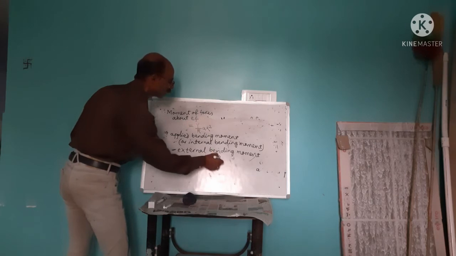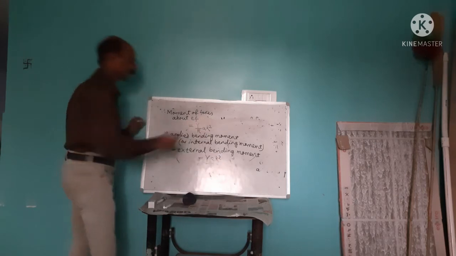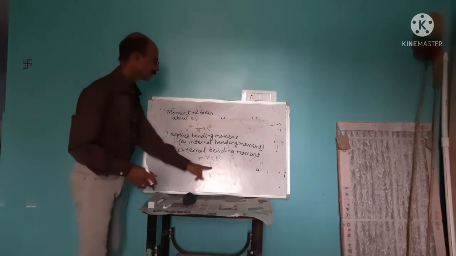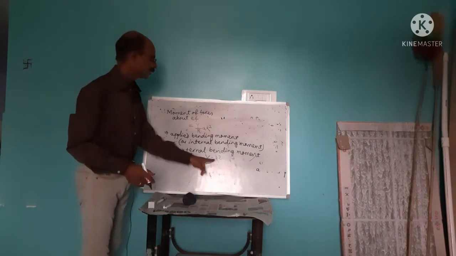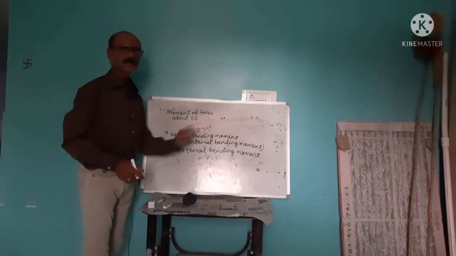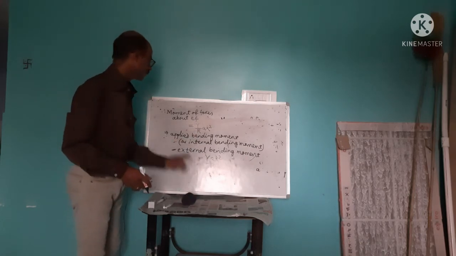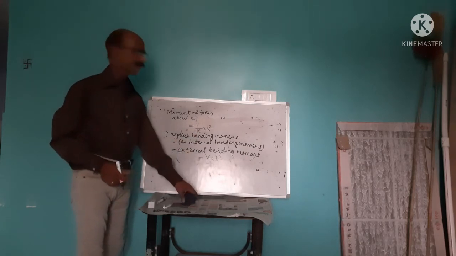External bending moment is equal to Y A k square by R. Y is Young's modulus of elasticity, R radius of curvature, A area of the section, and k square of the radius of gyration. This is the expression for external bending moment.